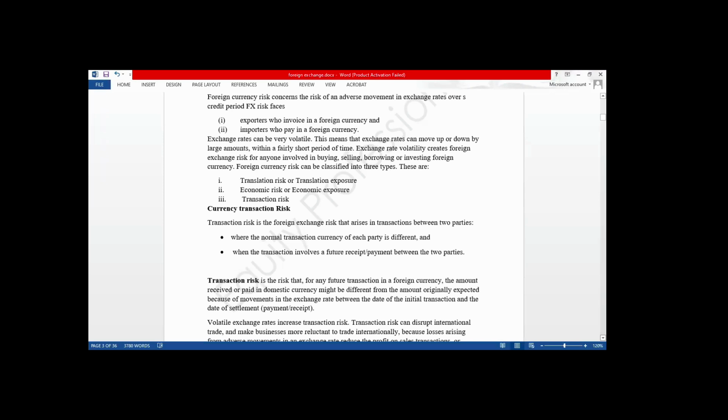Assuming we are making the payment immediately, we know the exchange rate between Naira and dollar today, but we are required to make payments in 3 months' time. We are not sure what the exchange rate will be in 3 months' time. This uncertainty creates what we call transaction risk.